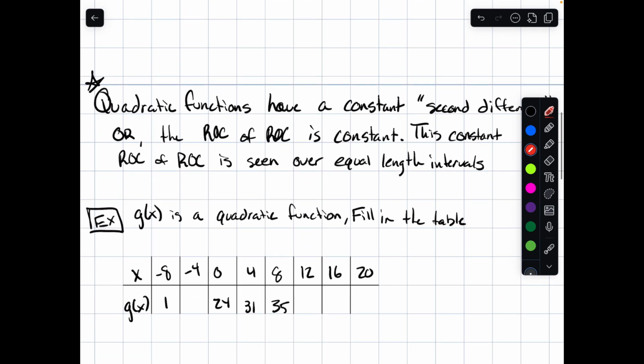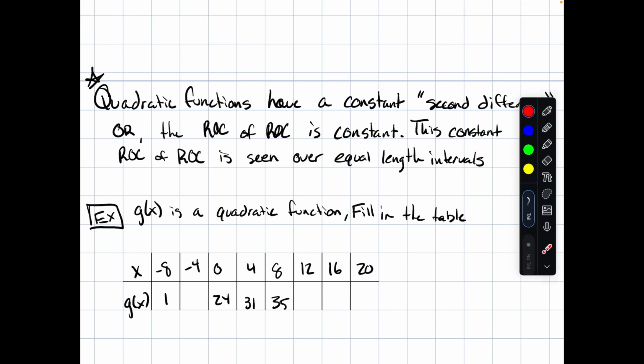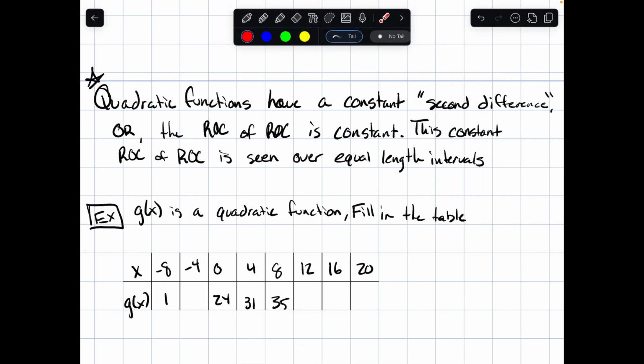Now, this is probably the trickiest thing about quadratics, and that is that quadratic functions have a constant second difference. The way that AP is going to mention it a lot is the rate of change of the rate of change. Another way to think of this idea is the rate of change of the slopes.